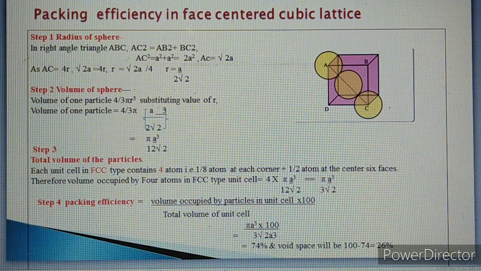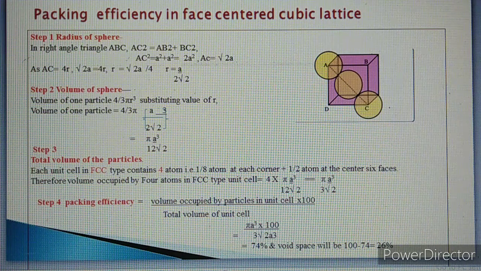Pi a cube upon 3 root 2, into total volume of unit cell will be a cube. So, may I repeat? Packing efficiency is equal to pi a cube upon 3 under root 2 a cube multiplied by 100. If we solve this one, we will get the packing efficiency is equal to 74%.